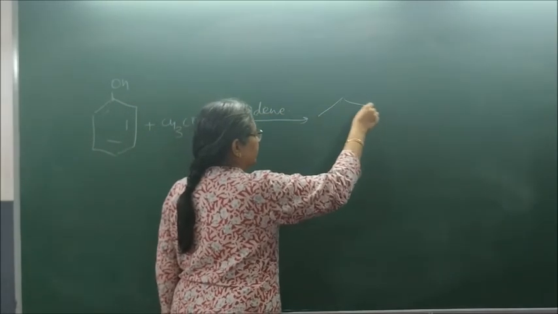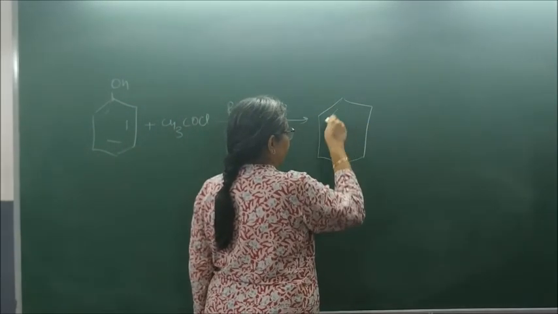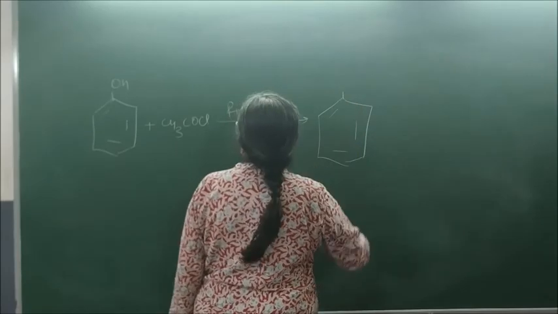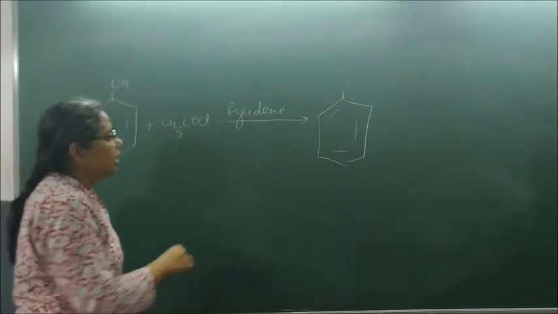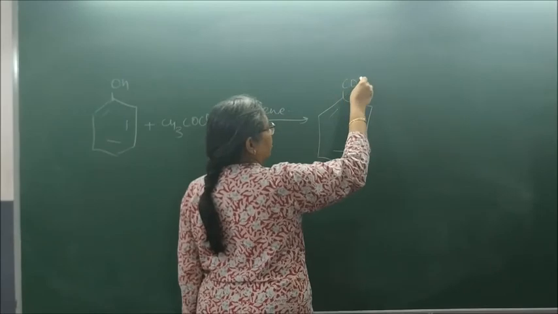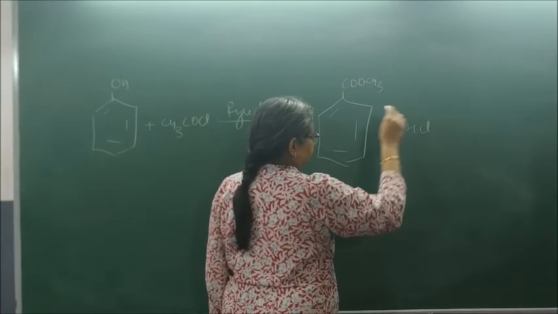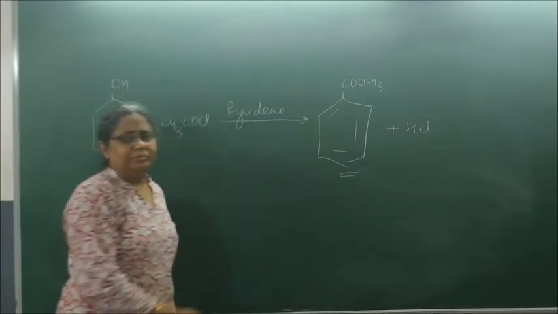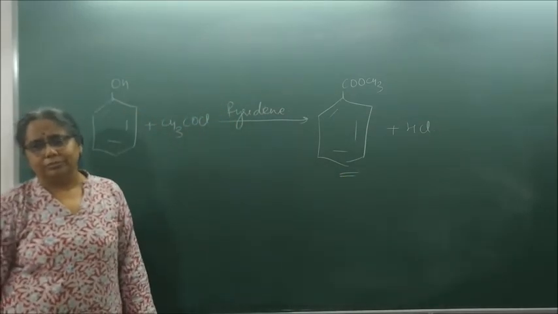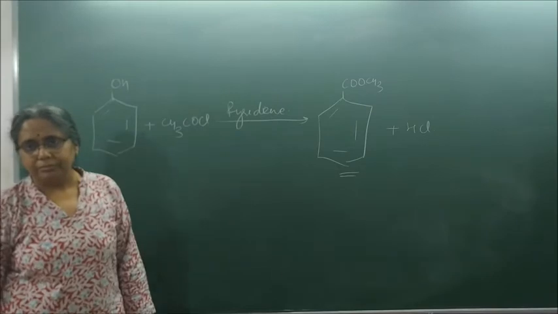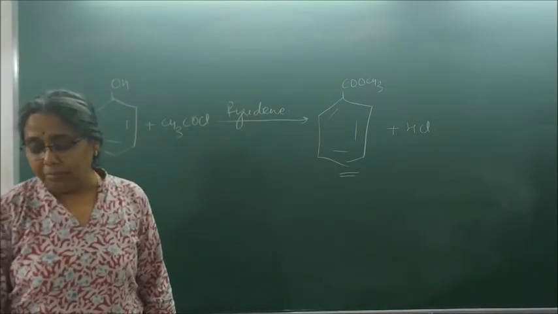What do I get? H has to be removed from the alcohol. So I get C6H5OCOCH3 plus HCl. What is the name of this compound? Please name this compound.